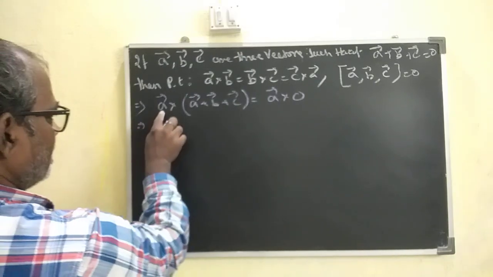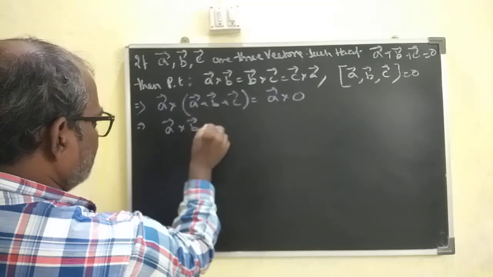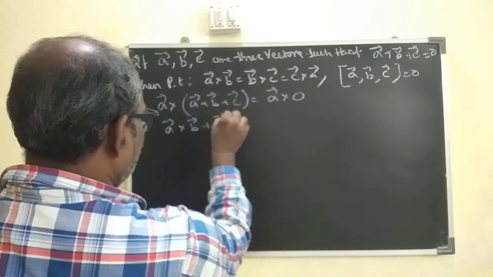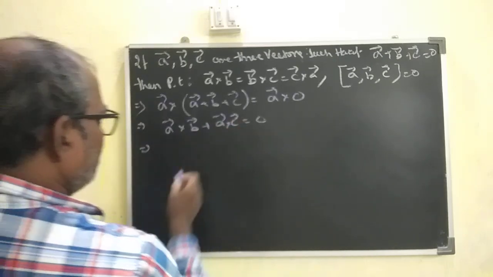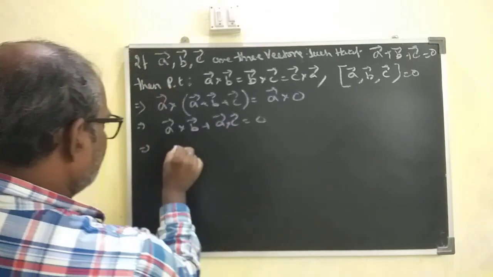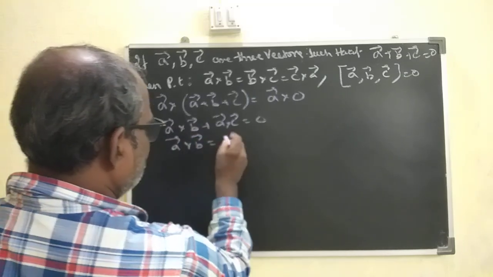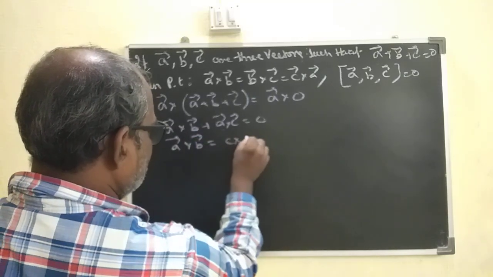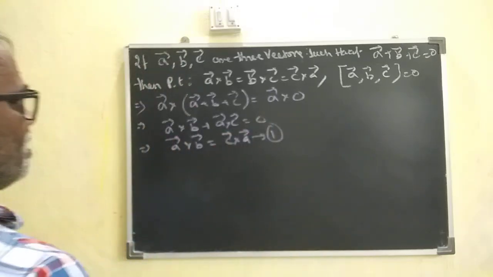So from here we can get A cross A is 0, we get A cross B vector plus A cross C vector equals 0. From here we can see that A cross B vector equals C cross A vector. This is 1.